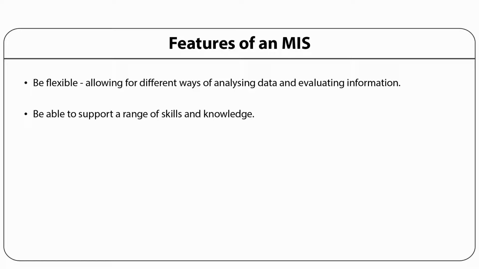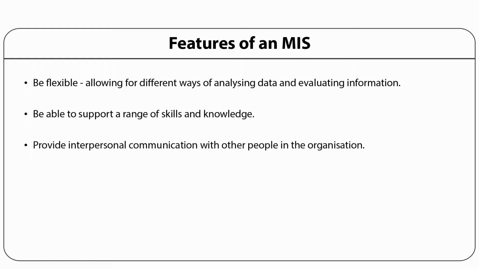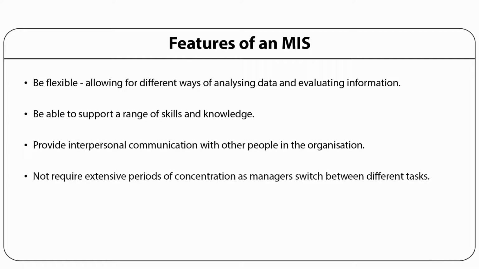This is to ensure that all levels of management get appropriate information as and when required. Thirdly, it should provide interpersonal communication with other people in the organization. Fourthly, it should not require extensive periods of concentration as managers switch between different tasks.